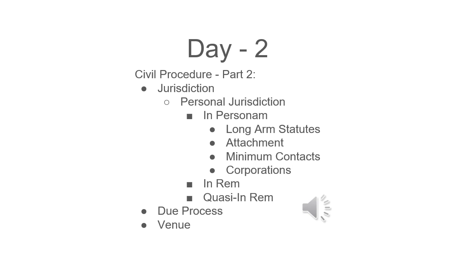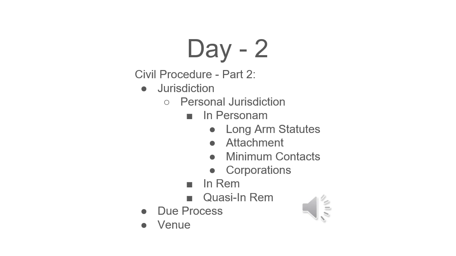If the defendant owns property within the state, personal jurisdiction attaches to the defendant through the property. If there is no attachment, meaning the defendant does not own property within the state, then the defendant must have minimum contacts with the state, and that is from Erie.